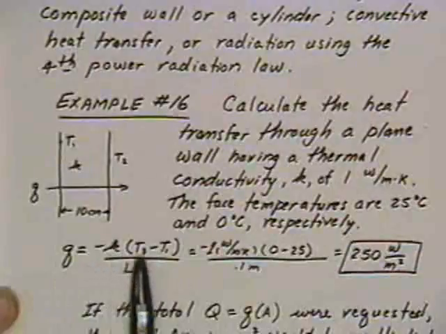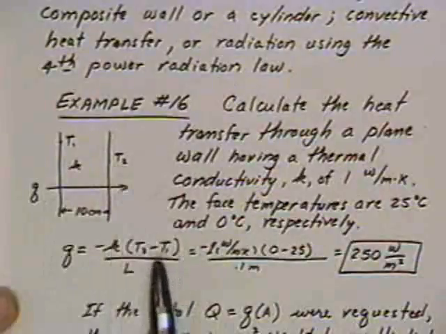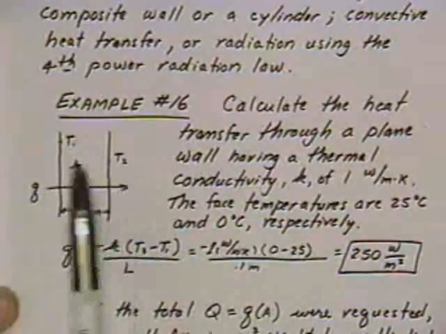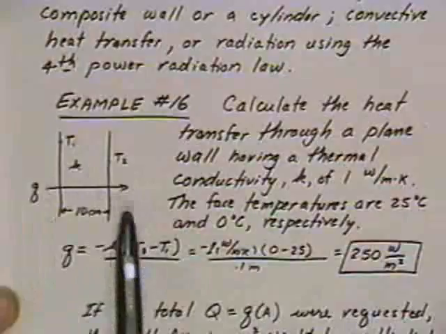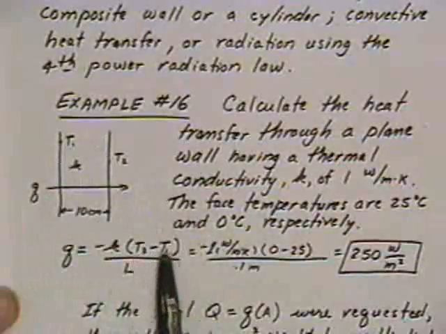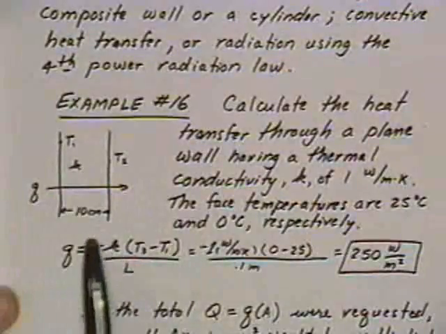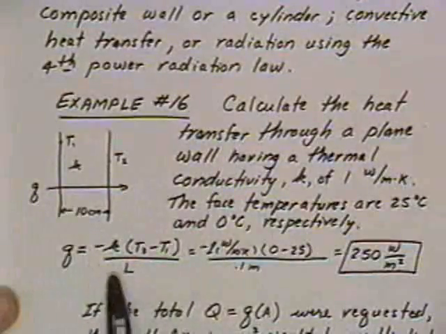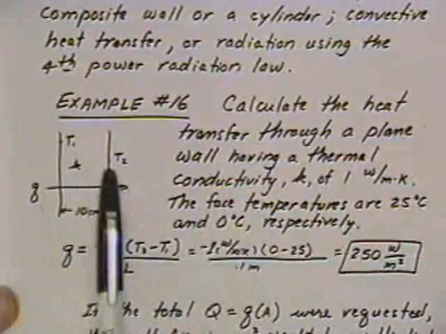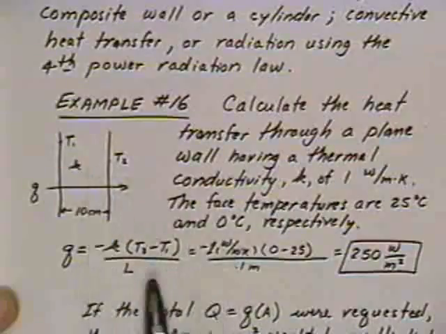Q is just equal to k times delta T over L, with a negative sign in front of it, because we're talking about heat transfer T2 minus T1. The direction of heat transfer goes from high temperature to low temperature, and T2 minus T1 is going to be negative, so you have to stick a minus sign in front of it to make sure you have positive heat transfer in the direction of the temperature gradient, or dT/dx.